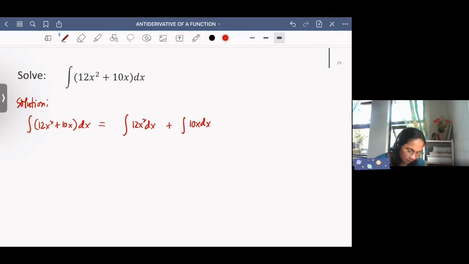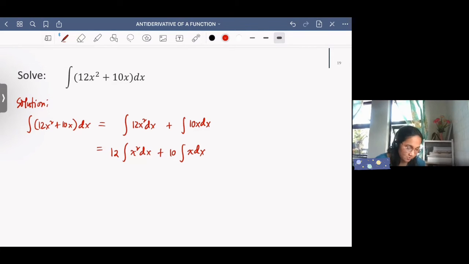Next, we can factor out 12 and 10, like applying the constant multiple rule. So this will be equal to 12 times the integral of x squared dx plus 10 times the integral of x dx.